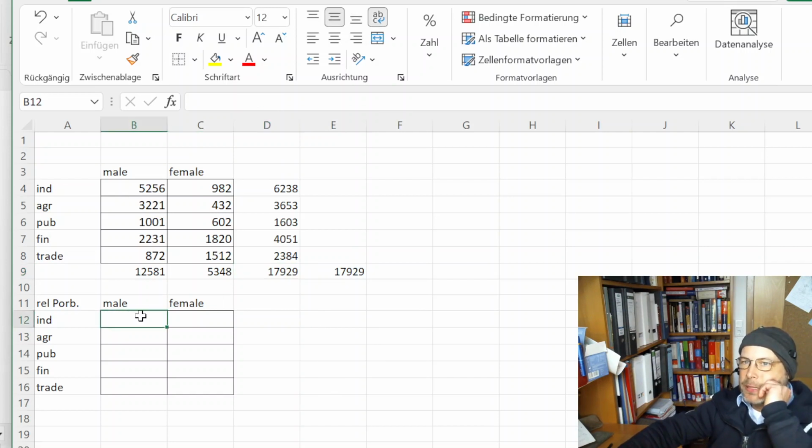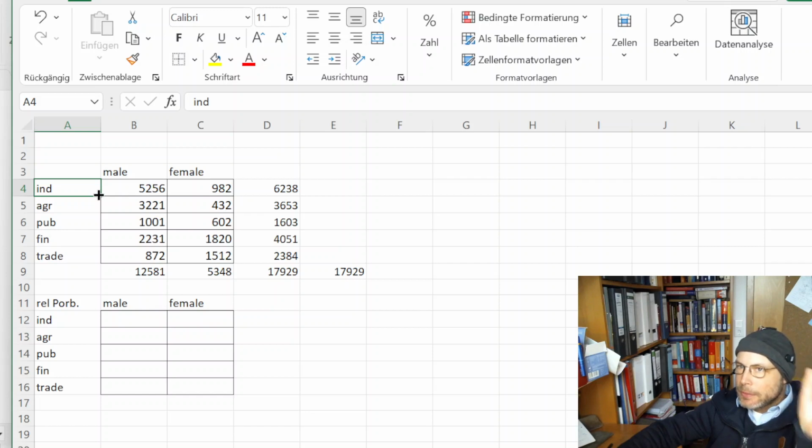So now here are the descriptive probabilities from our sample. What is the probability in the cell to be male and doing the education within the industrial sector, just from our sample which we have drawn?